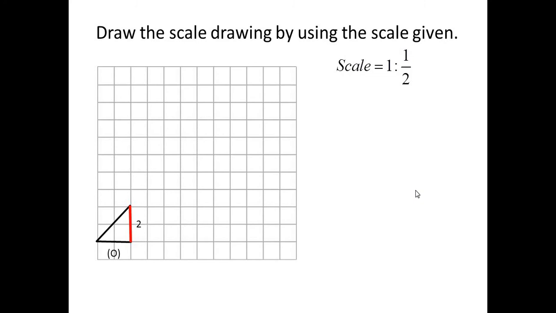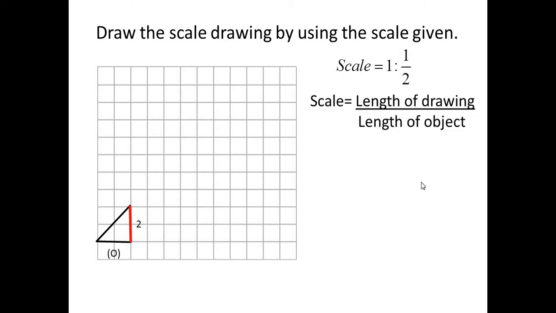Next, we're going to draw the scale drawing by using the scale given. Now they give you the scale and you're going to draw it. Anyhow, back to your formula. Scale is equal to length of drawing divided by length of object. Remember, 1 is the drawing and 1/2 is for the object.